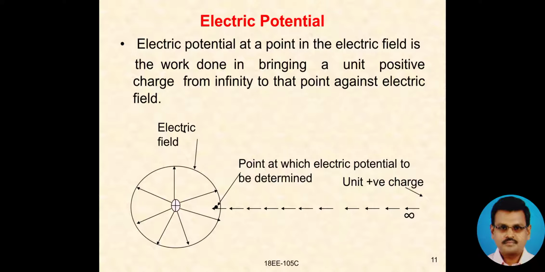In the figure, this electric field is shown, and also the point at which electric potential is to be determined. Then one unit positive charge is brought to that point. The work done in bringing that positive charge to that point is called electric potential.